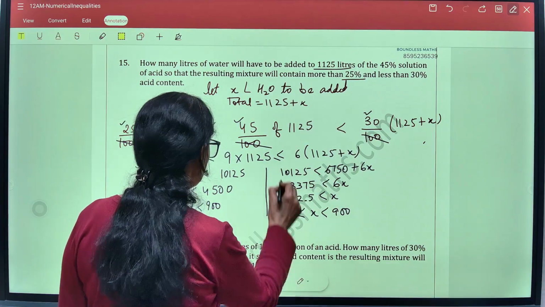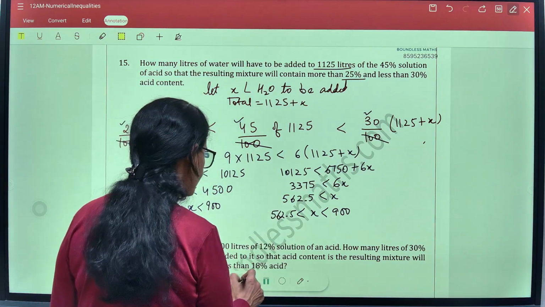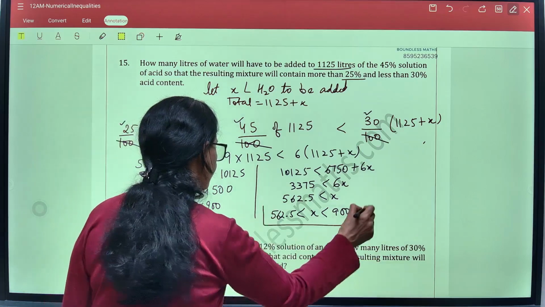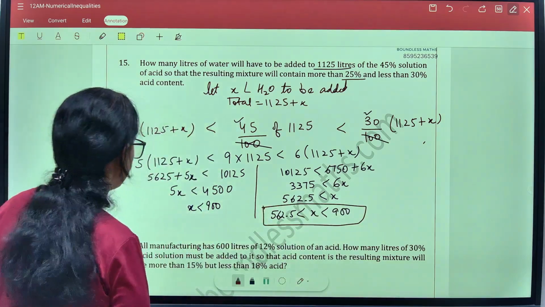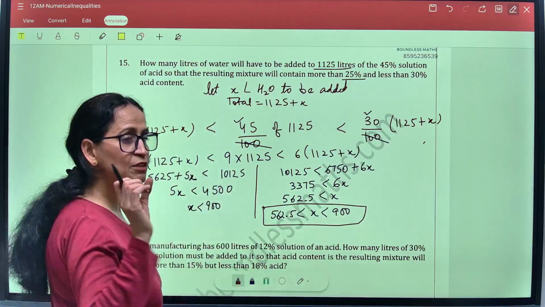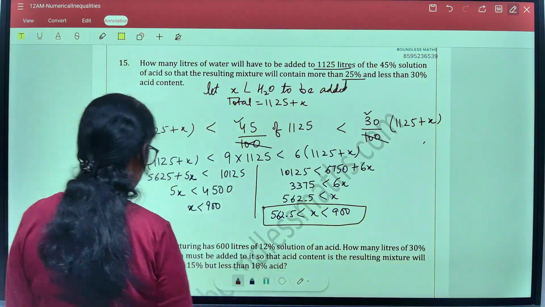So no equal to in the inequalities. Fine. So this is your final answer, which you need to write in the form of a statement. So the amount of water to be added lies in this range. Write a proper answer statement with proper unit liters here. Otherwise you lose half a mark there.